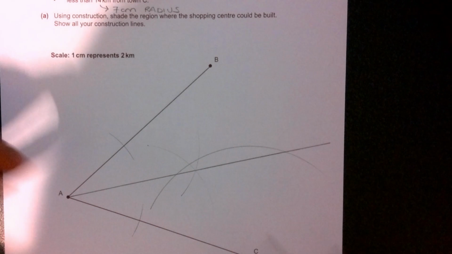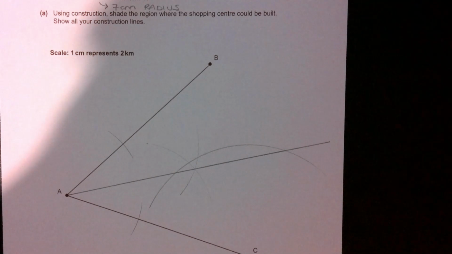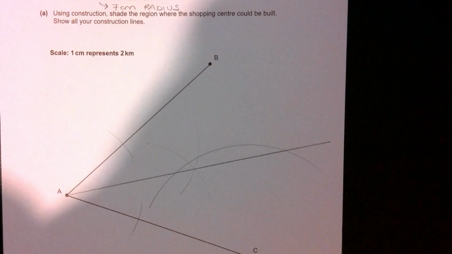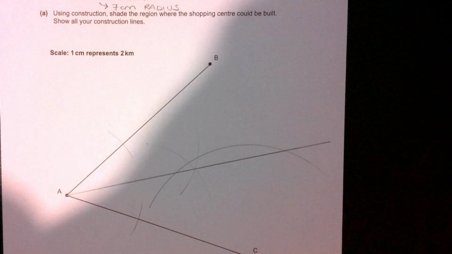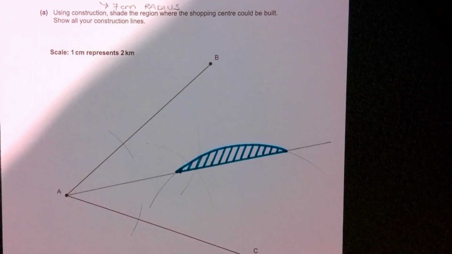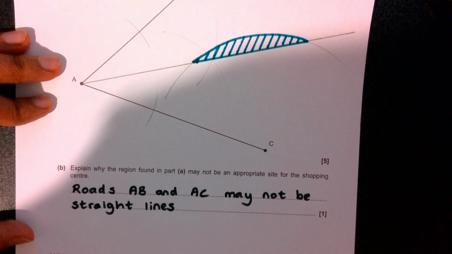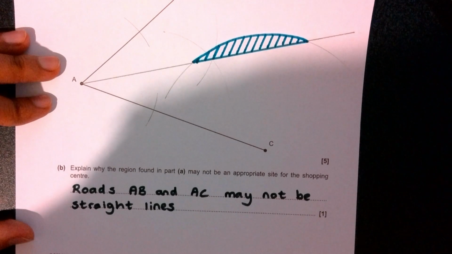So we want it to be closer to AB than AC, so that's above this line, and then we want it to be less than 14 kilometers from town C, so the required region is as follows. Shown here. Now, we have to explain why the region found in Part A may not be an appropriate site for the shopping centre. Quite simply, roads AB and AC may not be straight lines.